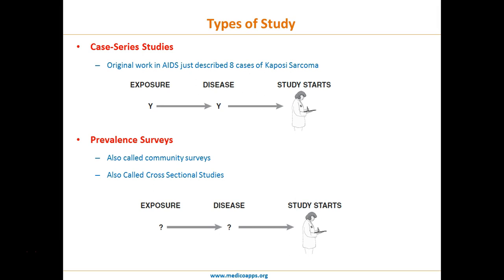Cross-sectional studies give the prevalence of a disease today, at a point of time. But a longitudinal study is basically how disease develops over a period of time, right? So this is why this is called cross-sectional, and that study is called longitudinal studies.